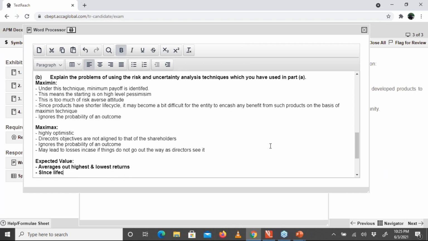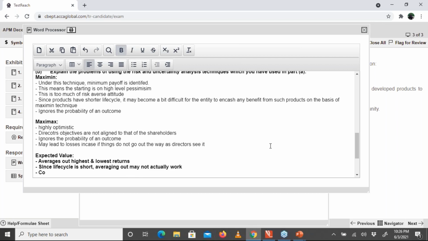Since the life cycle is short, averaging out may not actually work. It could be a good technique for products with a long-term life cycle.